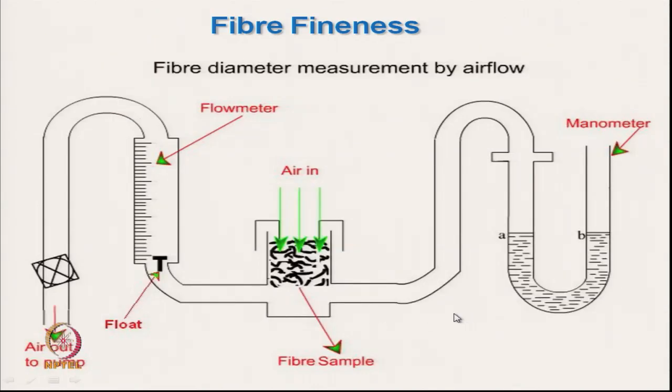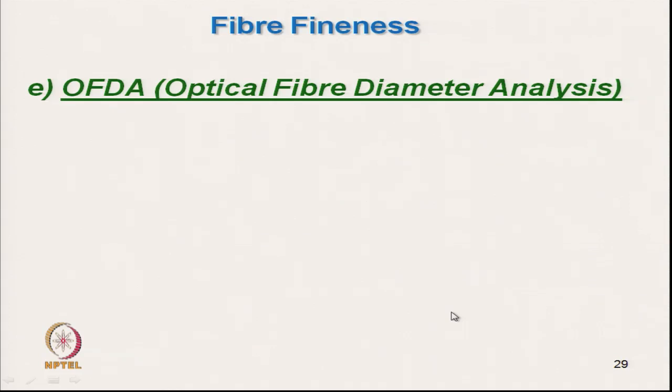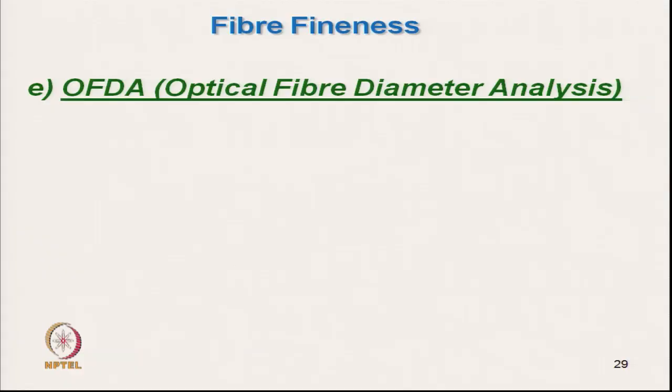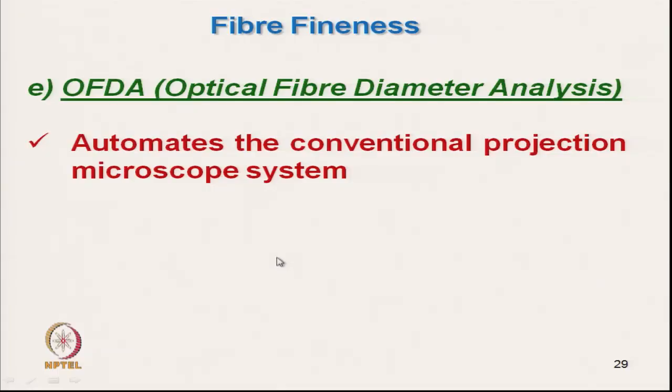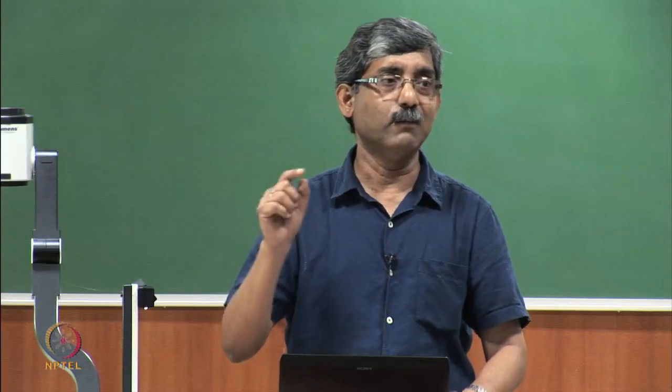So, this is the method we have discussed. Now, the next method is optical fiber diameter analysis. This is a very simple technique. Basically it is an automated version of the projection microscope technique, as we have discussed, where the fibers are placed on a slide and it is manually moved in zigzag fashion to measure the fiber diameter.